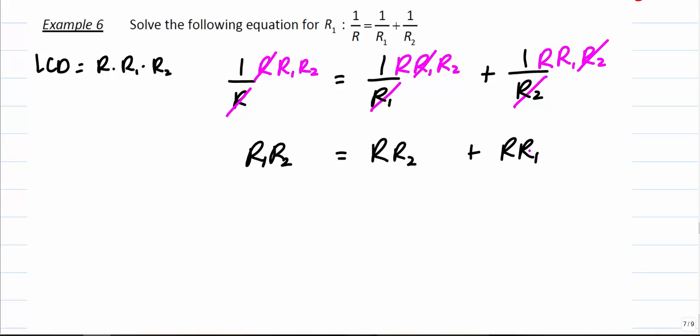Now, if the goal is to get R1 by itself, then I'm going to subtract this over here so that I have all my R1s on the same side. So R1 R2 equals, and I'm going to subtract R R1 from both sides.